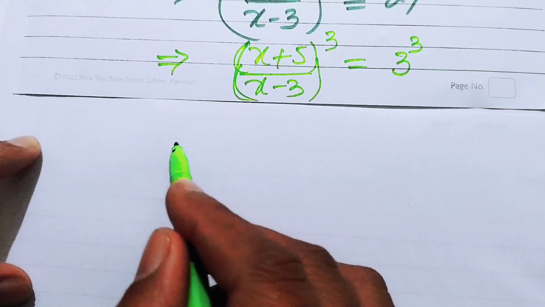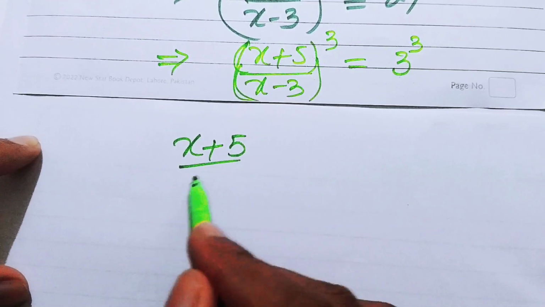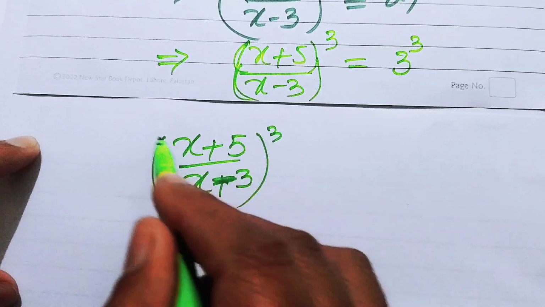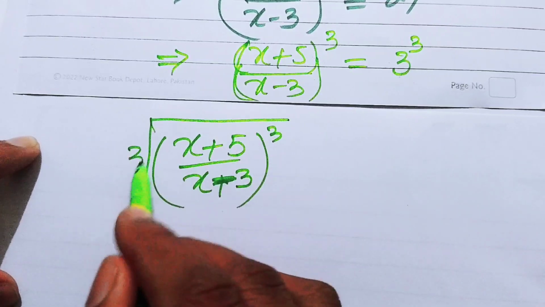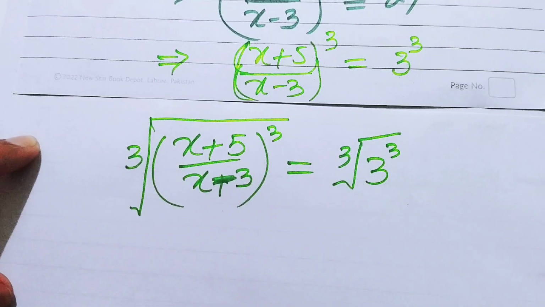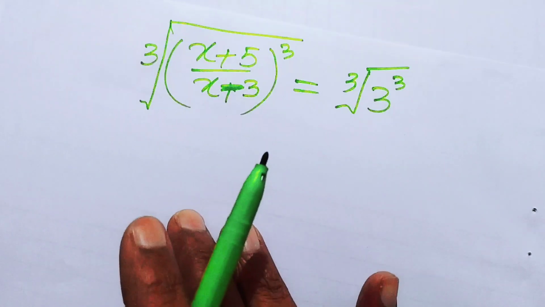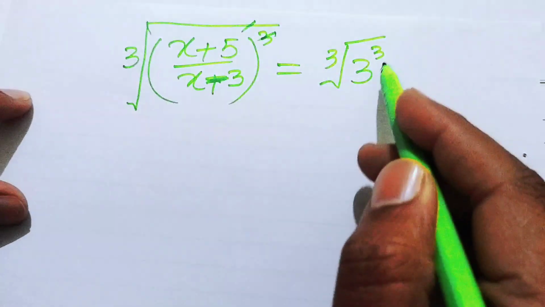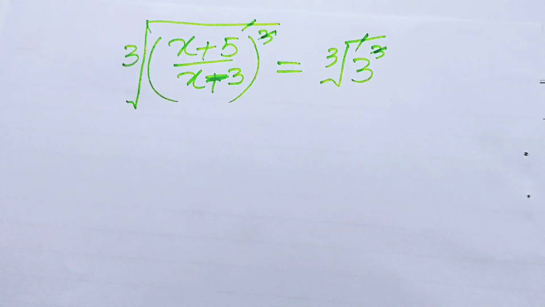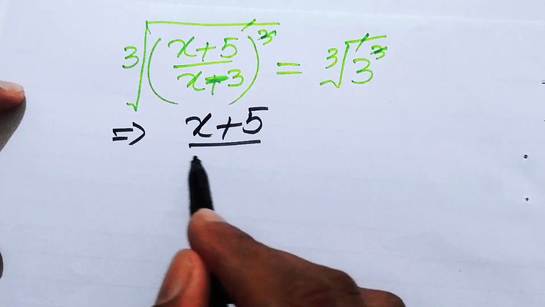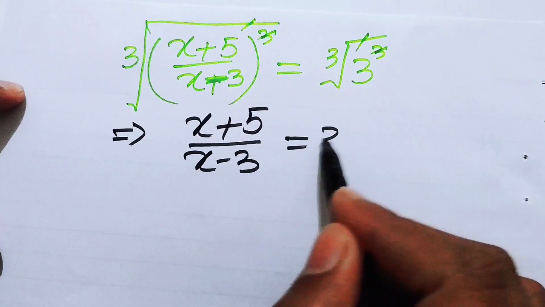The cube and cube root cancel each other, and we get the output of this expression in this form: (x+5) over (x−3) equals 3.